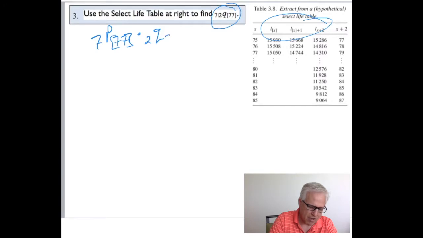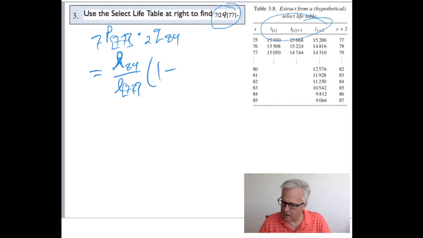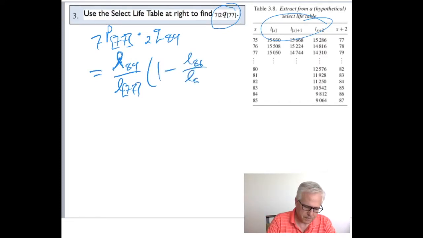So 2q84. I'll go ahead and write it out for completeness. It's L84 divided by L77 in brackets this time, times 1 minus just what we had before, 1 minus L86 over L84.